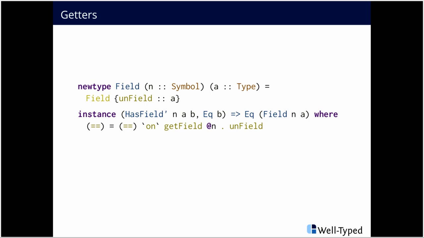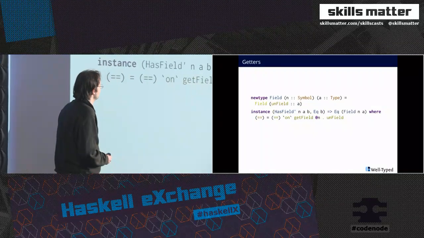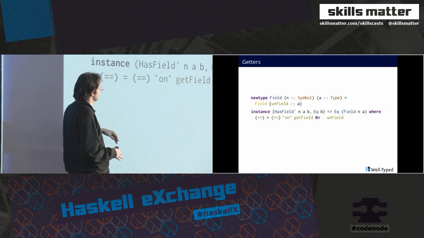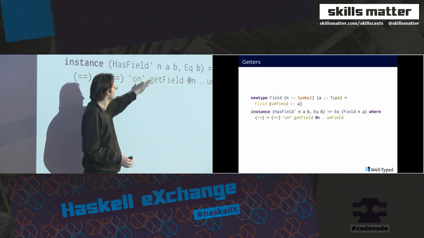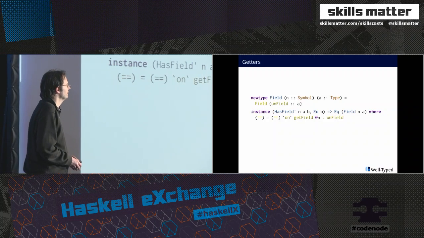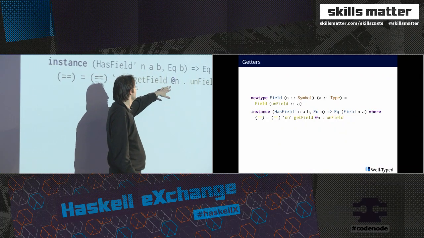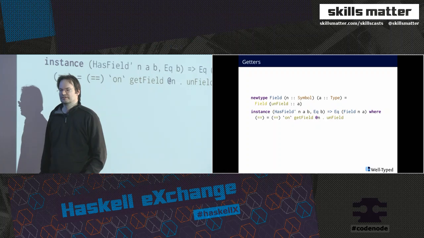And then you're saying, OK, if you have a HasField instance, and this comes from the generic-lens library, that for the name has a field of type B in the larger type A, and if there is an equality instance for this type of the field, then I can define an equality for the wrapped type simply by limiting the equality to that field. Okay, and getField, again with a type application, is another function that comes from generic-lens.